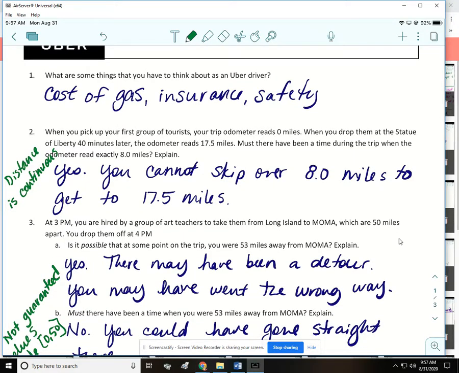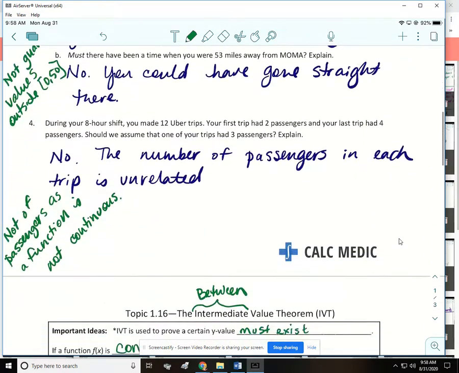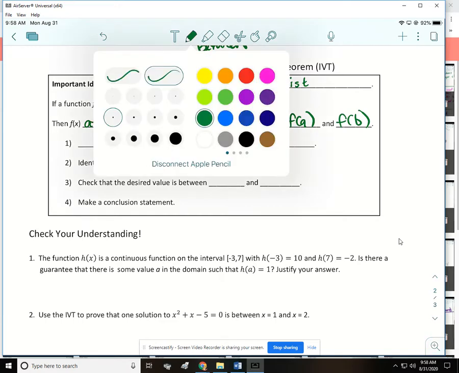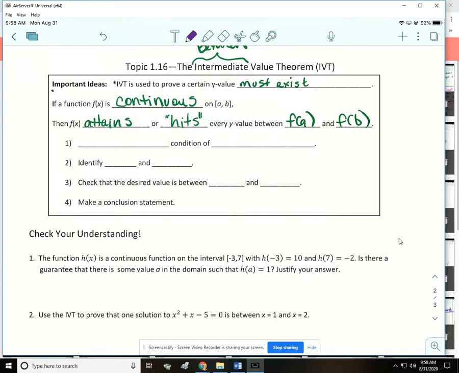We're traveling 17.5 miles. Distance is continuous, so we have to hit every mile between 0 miles and 17.5 miles. So this is the condition, and then this is the conclusion.